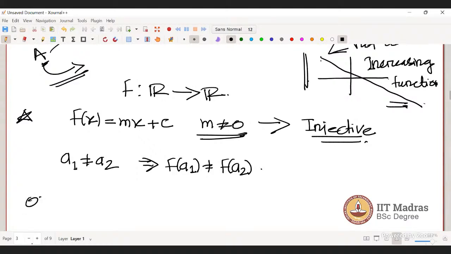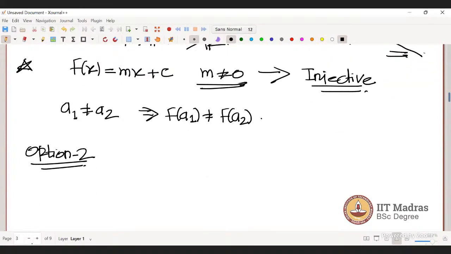So what about option 2? It's a parabola, a quadratic function, saying it's an onto function when a, b are real numbers. They are arbitrary real numbers, right? What does arbitrary mean?